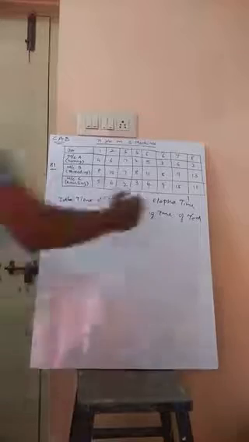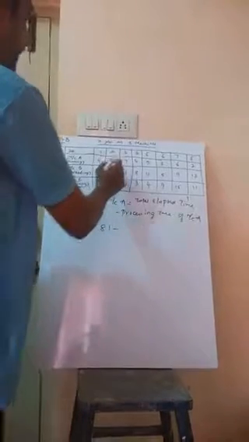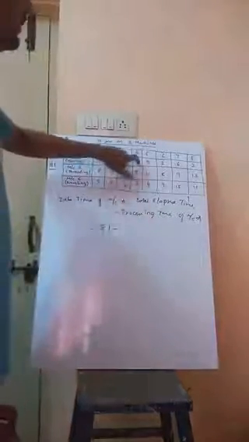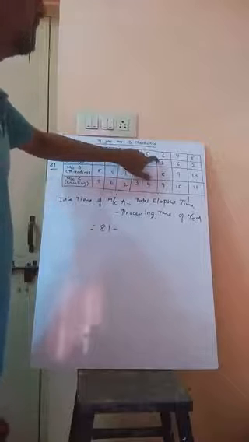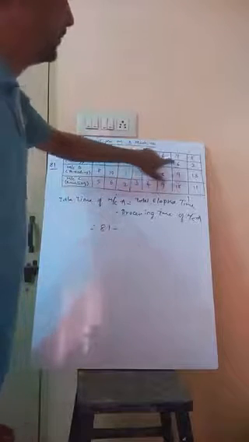We have got 81 as the total elapsed time, and the processing time of the machine is, add this, 10, 17, 21, 26, 29, 35, 37.